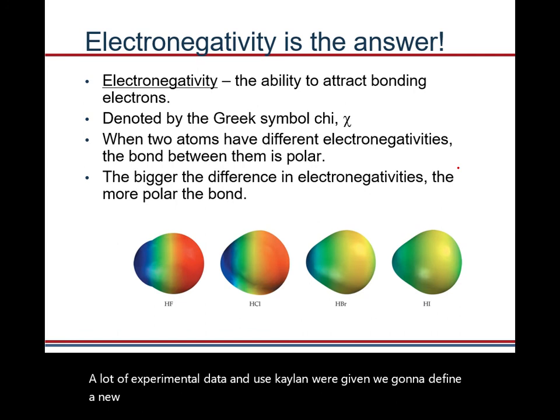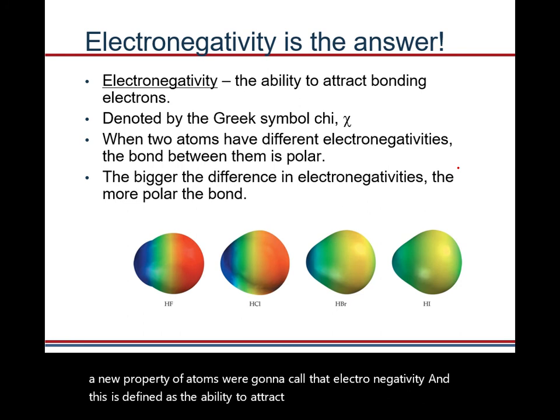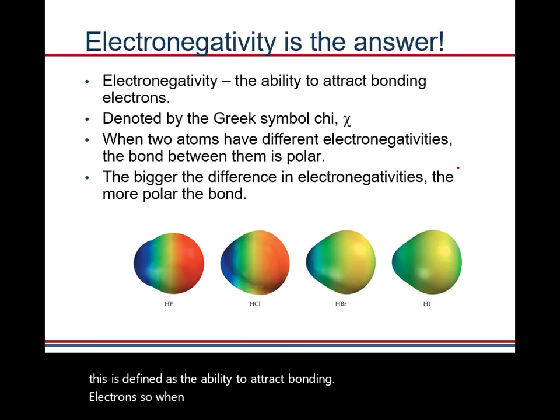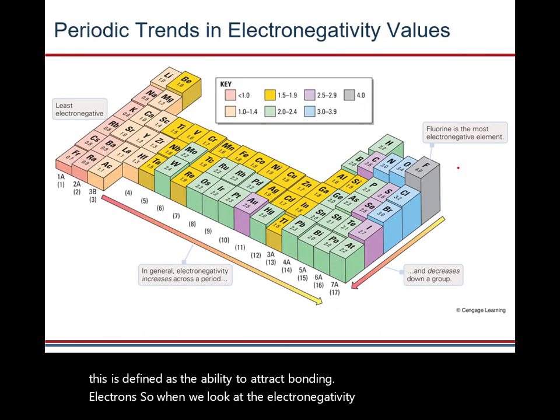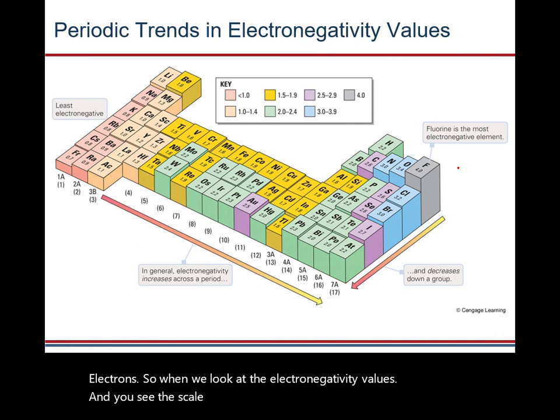We're going to call that electronegativity, and this is defined as the ability to attract bonding electrons. When we look at the electronegativity values, the scale goes from 0 to 4 maximum. Fluorine has the highest electronegativity.